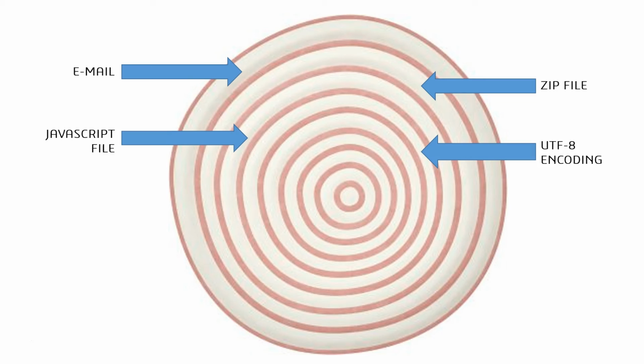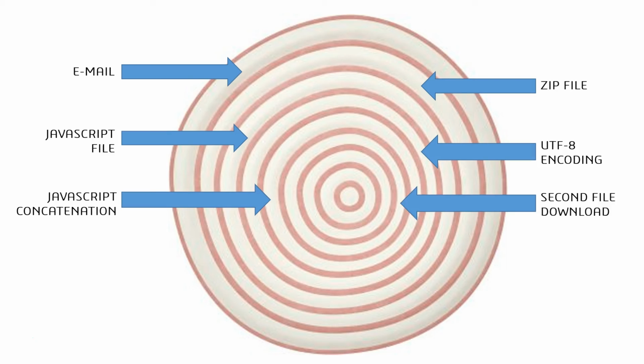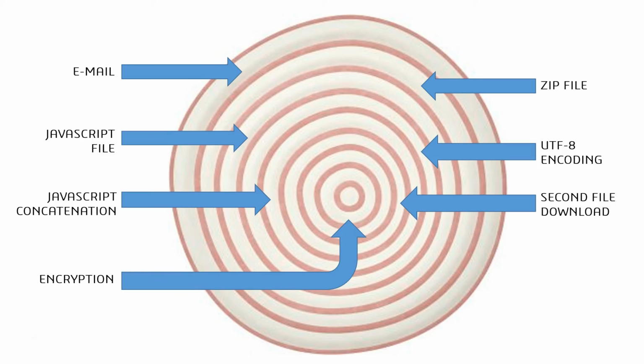And when you decode the UTF, you end up with a big pile of gibberish variables that get JavaScript concatenated together. And then that whole thing just takes you to another website in the background and that file messes up your computer and encrypts everything.